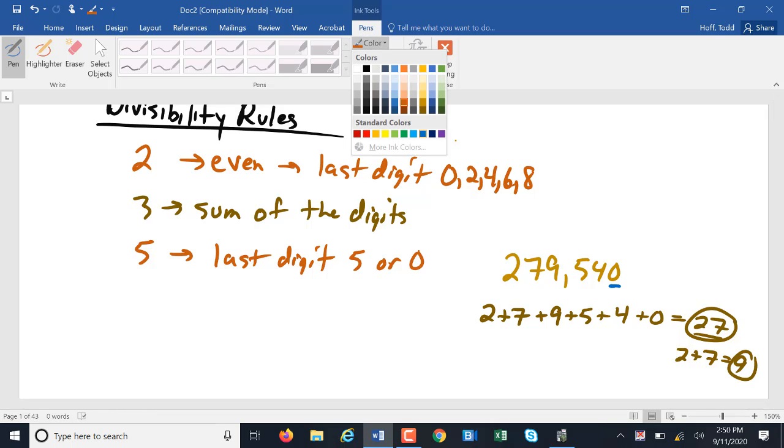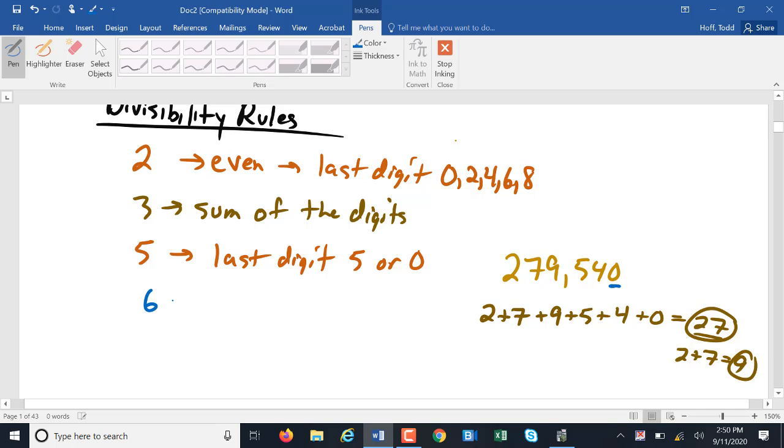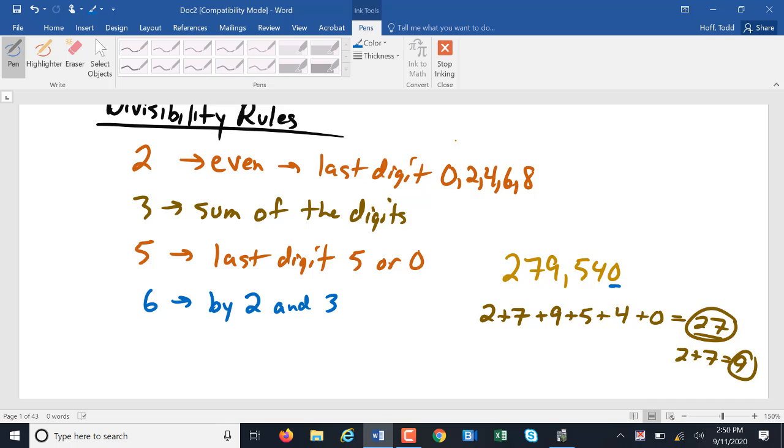6 is kind of the same as 4. I'll put it up here. It's actually not quite as bad. If it's divisible by both 2 and 3, it's divisible by 6. Well, we've already shown that this is divisible by 2 and 3, so it is divisible by 6. 7, there's actually a divisibility rule for 7, but it doesn't work for every number.